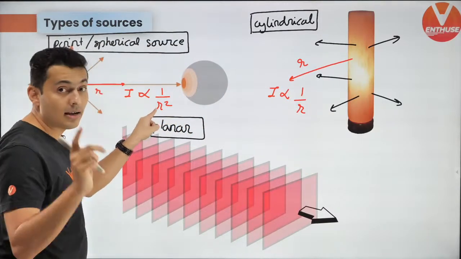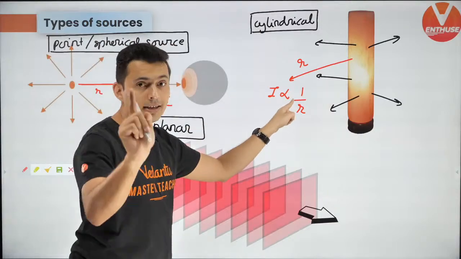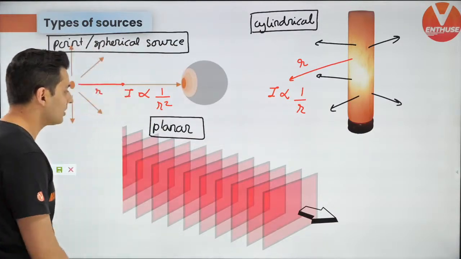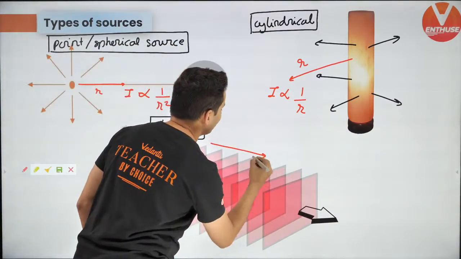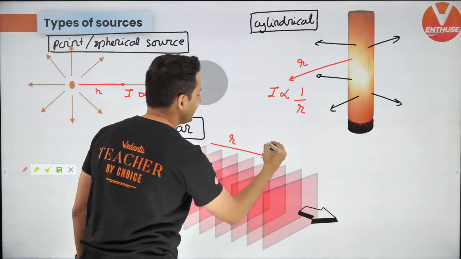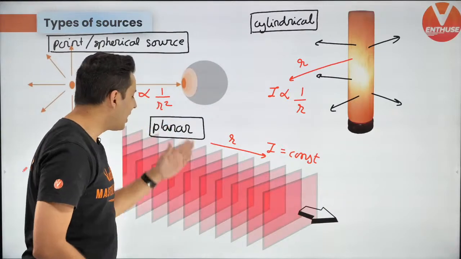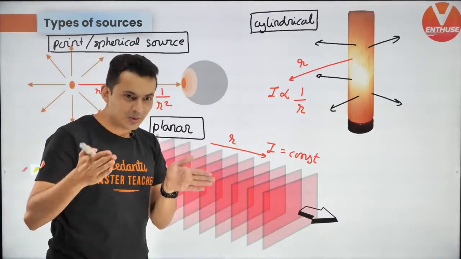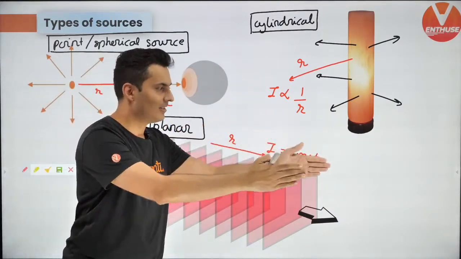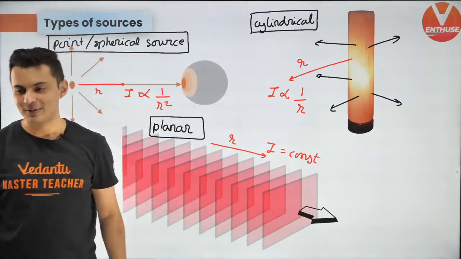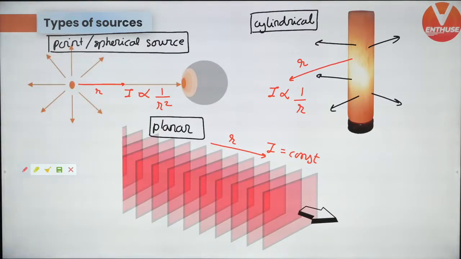For point source, it is r square. For cylindrical, it is just inversely proportional to r. But for a planar source, that's very interesting. The intensity will be constant because no matter how far you go, the sound is concentrated on the same region. So intensity is constant. Keep this in mind. I hope this is clear.